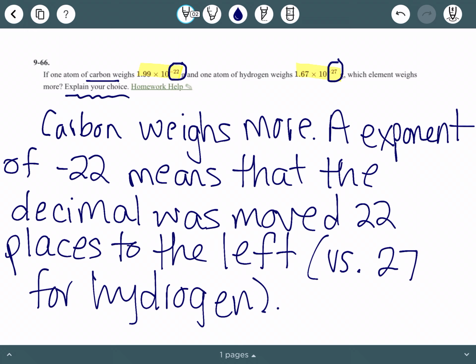Now, it is true in this case that the exponent of negative 27 is going to give us more zeros in the number, which means that it's going to be a smaller number, and that this carbon atom with an exponent of negative 22 is going to have fewer zeros, which means that it's going to be closer to 1. So in this case, carbon does weigh more.